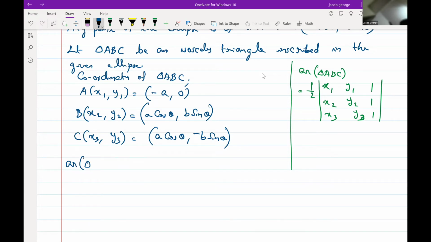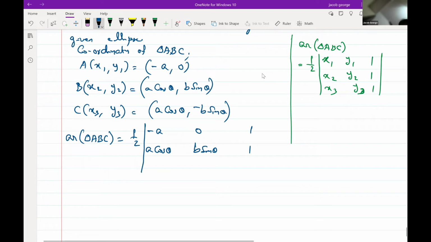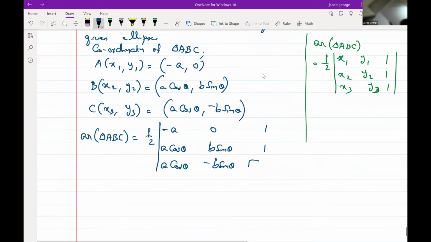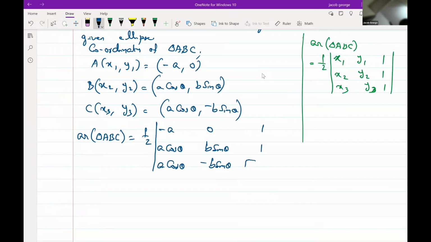So area of triangle ABC is half into determinant of x1, y1, 1, that is minus a, 0, 1, then x2, y2, 1, that is a cos theta, b sin theta, 1, then x3, y3, 1, that is a cos theta, minus b sin theta, 1.